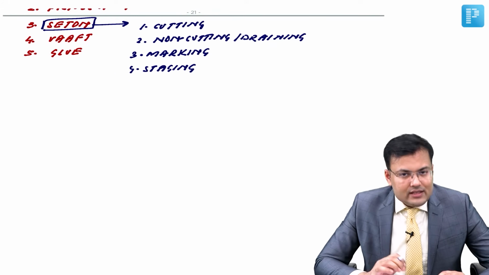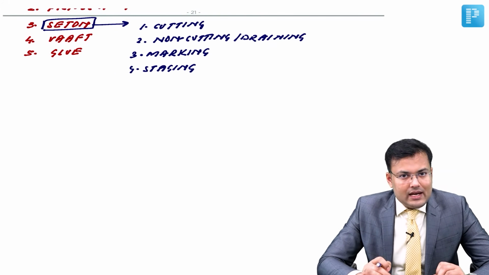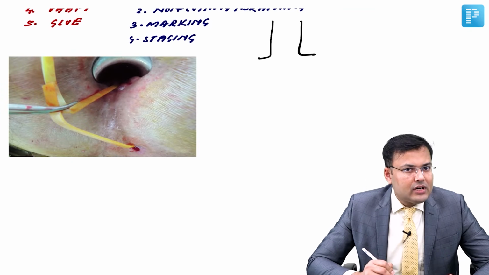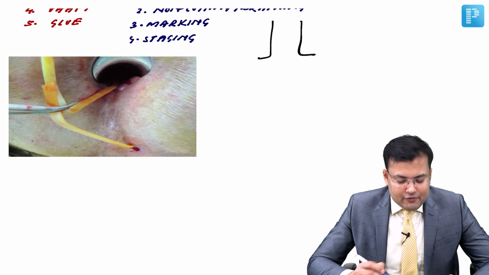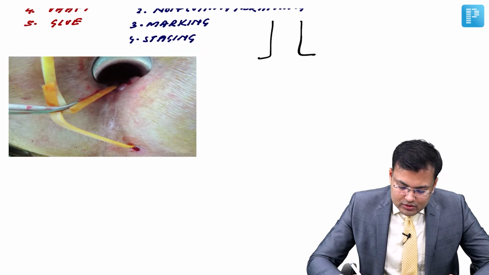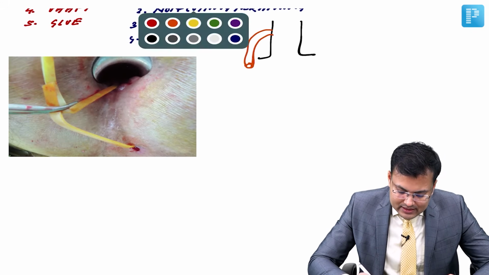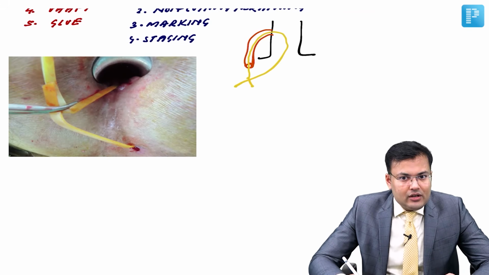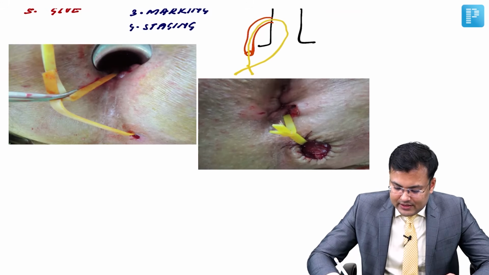Okay, how we insert the Seton, how it looks and how it works, see. In this picture, can you see, we used a rubber band as a Seton for the fistula. See the diagrammatic representation. This is the fistula, and I inserted this yellow colored rubber band like this, and I took out both ends and then I'm going to tie the knot. So here you can see this is the final appearance.